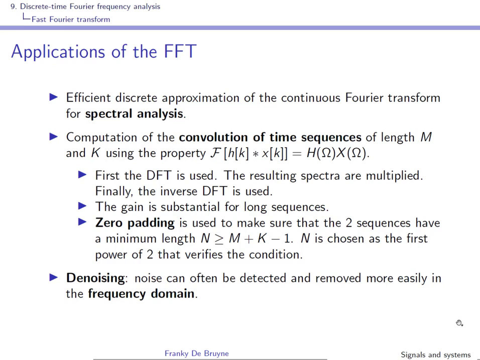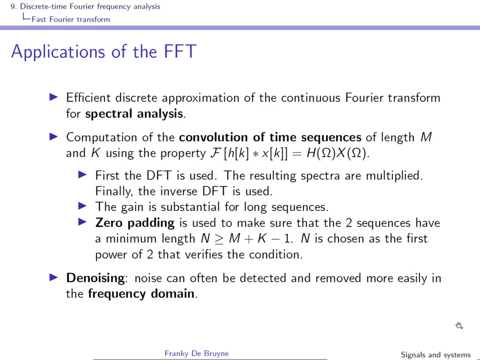So the idea is that you can go to the frequency domain by taking the DFT, and then in the frequency domain making a convolution is very simple because it's simply a product. And once you have the product, you have the spectrum of the convolution signal yk, then you can take the inverse DFT.